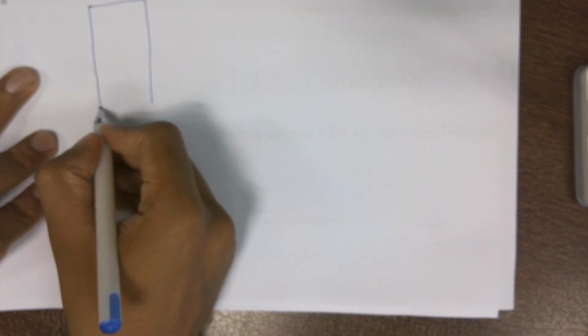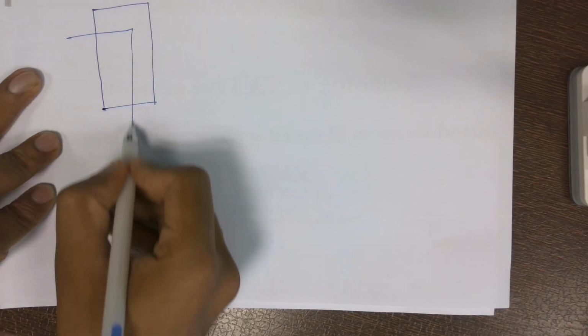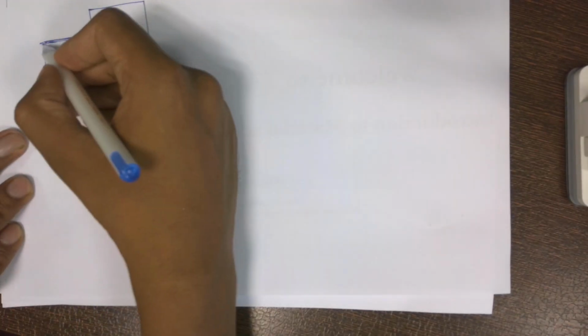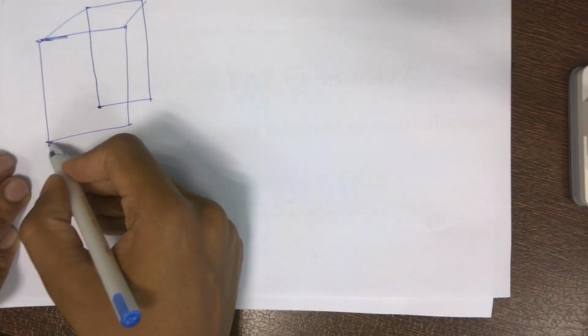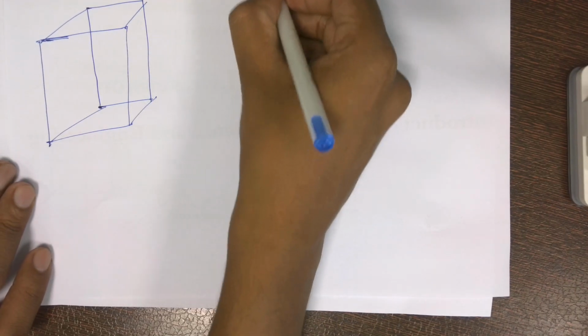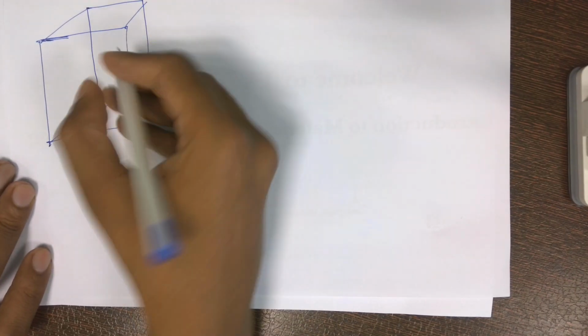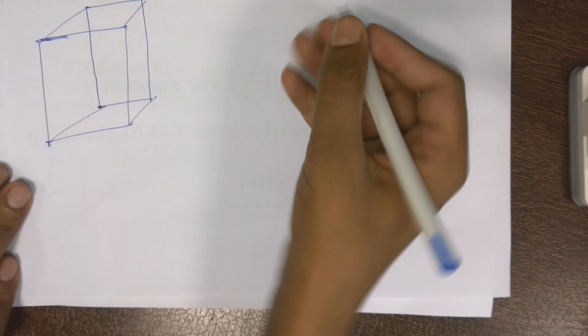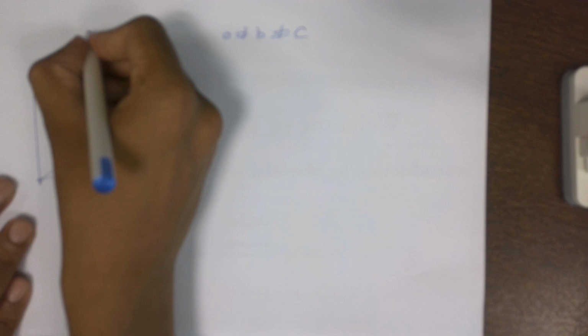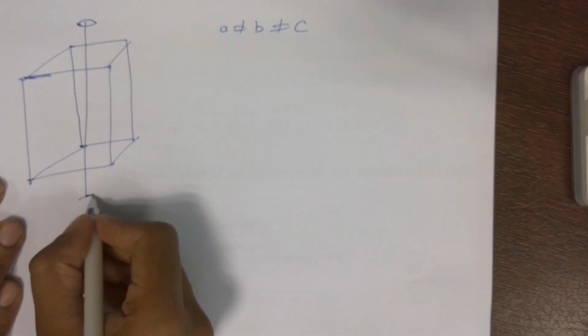Here A is not equal to B and not equal to C. I made it wrong, I should have made it more precisely, but it's fine. A is not equal to B, and not equal to C. So the angle is no longer one, we will only have a two-fold symmetry about this particular thing.